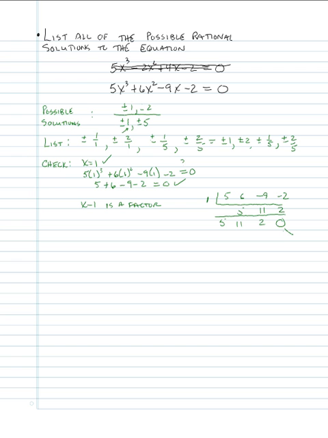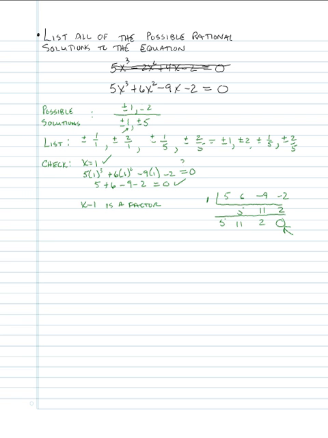And we expected this because that means the remainder is 0. We're absolutely expecting in this case for x minus 1 to be a factor, so it would divide.